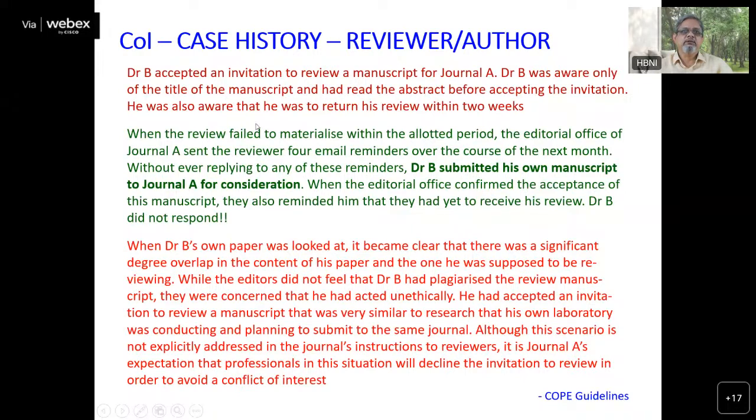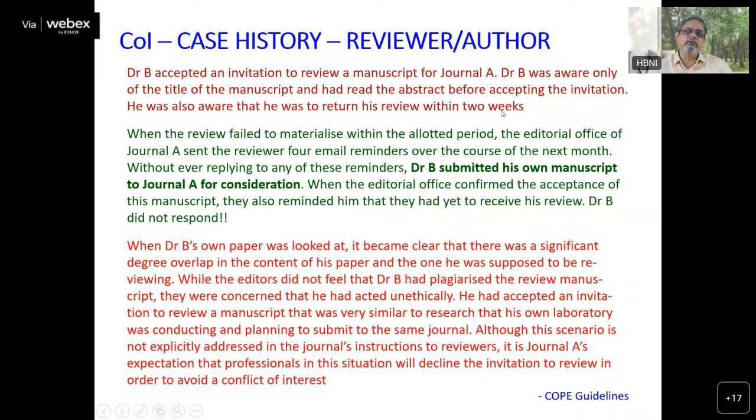Okay, so in such a situation, this person accepted the invitation based on the title of the manuscript and the abstract. Then this referee was also aware that he was given 2 weeks to submit his review on that manuscript. Now, what happened was the review failed to materialize within 2 weeks.